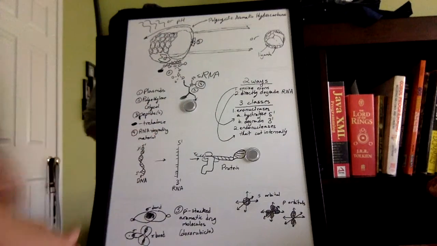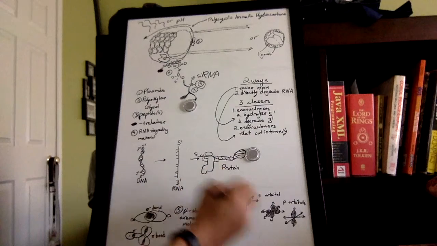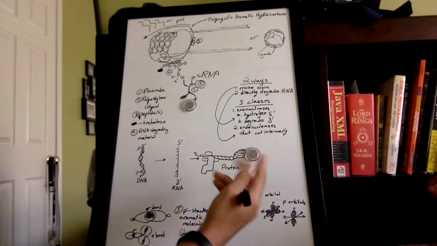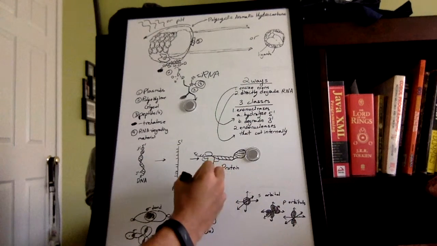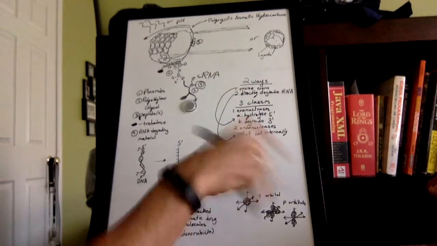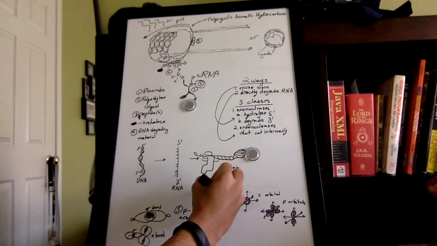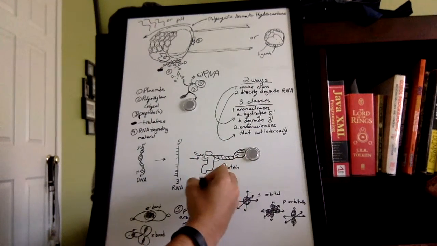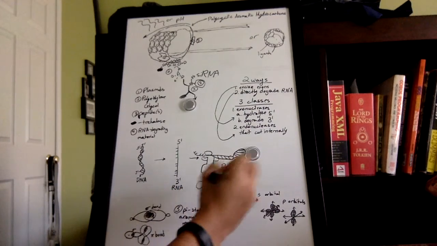In pi stacked, what it really means is, a sigma bond happens when two hybridized orbitals overlap. Hybrid means any two things that are combined, right? A hybridized orbital is one where the s orbital and the p orbital are combined. So if you have an s orbital like this, and a p orbital like this, if you combine them, then you get something like that.